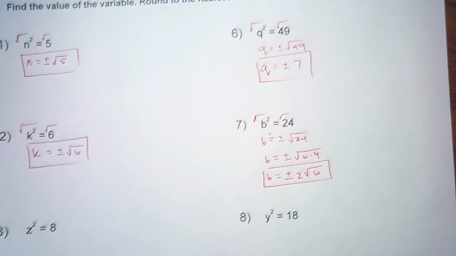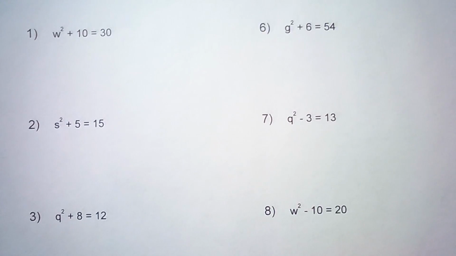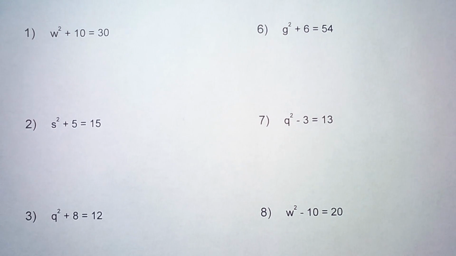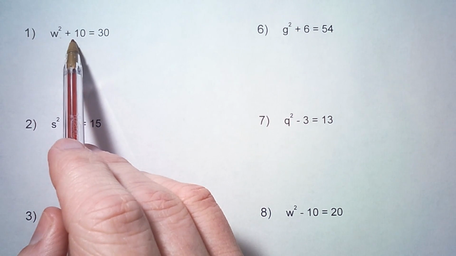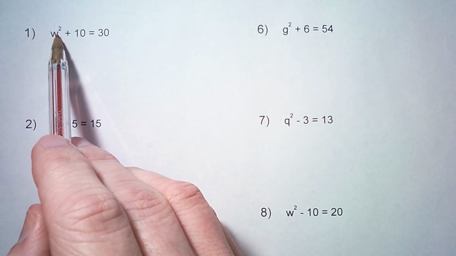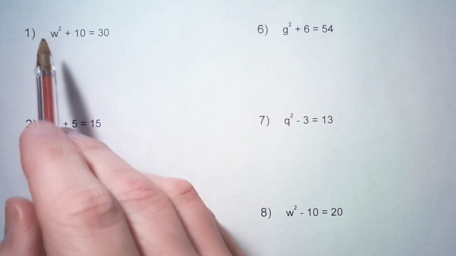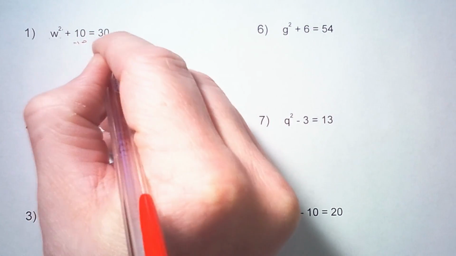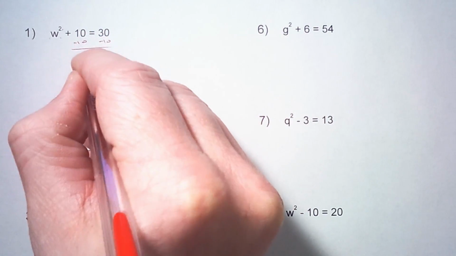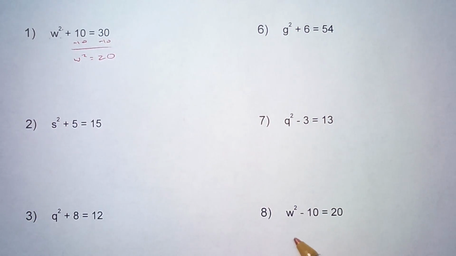Okay, now we're going to turn the page and we'll have some problems with an extra step. Now still we have w squared but not w to the first power. So when I just have w squared and not w to the first power, I want to get this term by itself. So minus 10, so we get w squared equals 20.